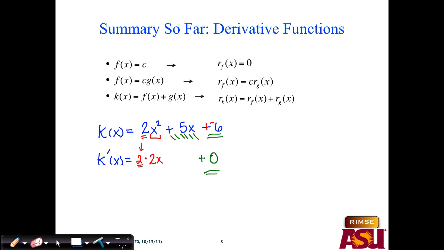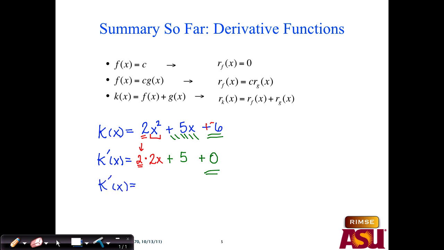If this were on its own, it would be a linear function with a slope of 5, or a constant rate of change of 5, y equals mx. And so if I want the rate of change of just this term, because of our last rule, whether or not there are other things added onto it, I can find the rate of change of this piece on its own, and it is positive 5.